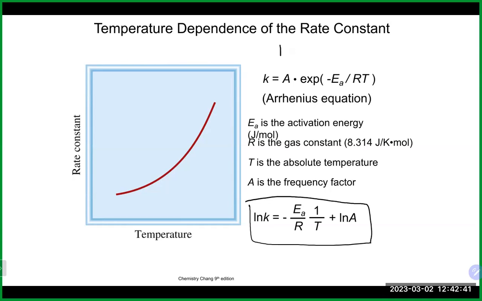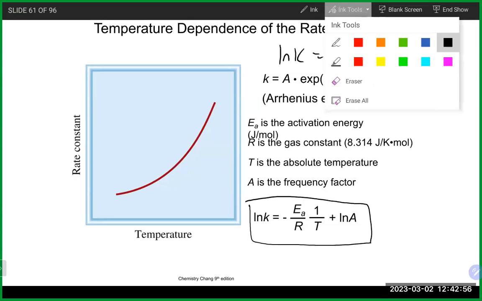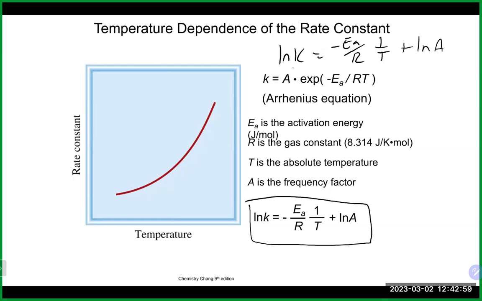So we have ln k equals minus Ea over R, times 1 over T, plus ln A. When we put in our equation for a straight line, that will be y equals mx plus b. So this allows us to get a nice linear relationship, and we can use the slope to calculate the activation energy for a reaction.